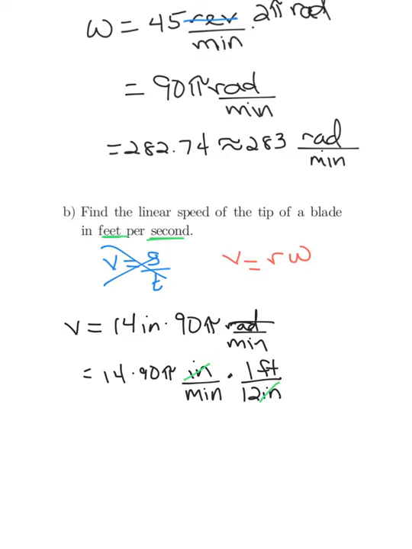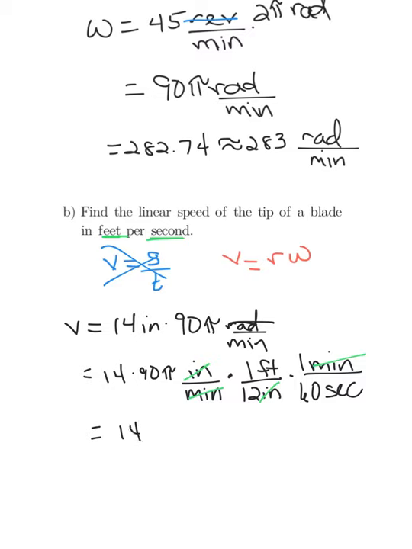Our time label needs to be seconds. We currently have minutes, so we need to use the relationship between minutes and seconds. We know that there are 60 seconds in 1 minute. This time we need the minutes to cancel out, so in order for it to cancel out, it needs to be in the top. 1 minute equals 60 seconds. Now the minute in the bottom and the minute in the top have offset each other. So let's look at what we've got left.